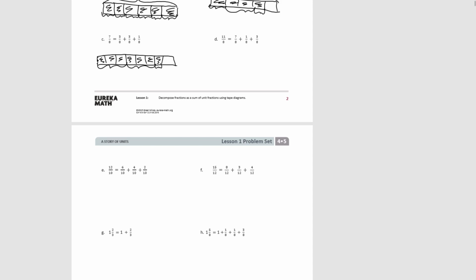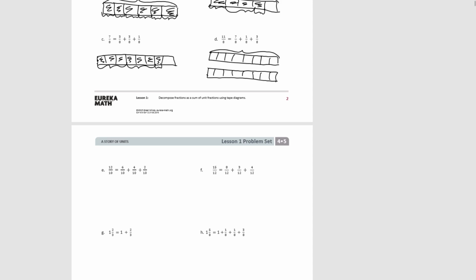Pause the video and try D. Okay, D tells us that 1 whole is divided into 8 equal sized pieces. But we want 11/8, so in order to do that, we need to draw a second tape diagram equal to 1, divided exactly the same way.